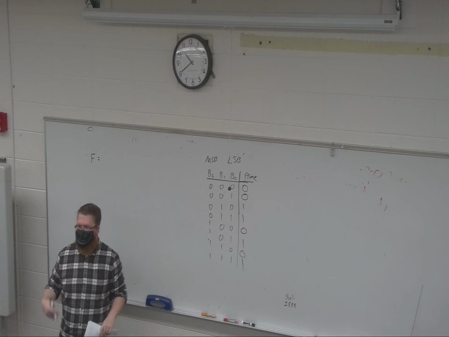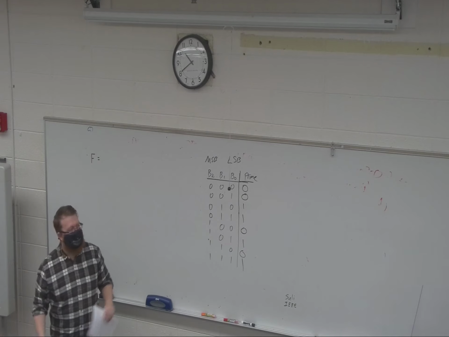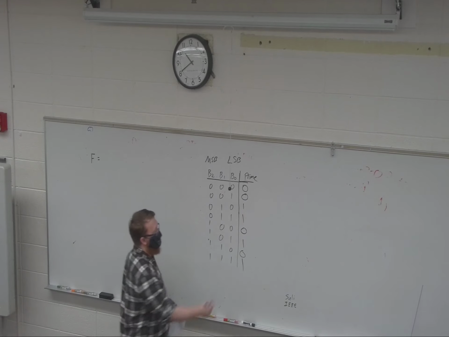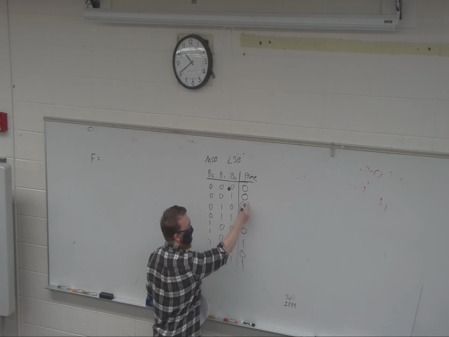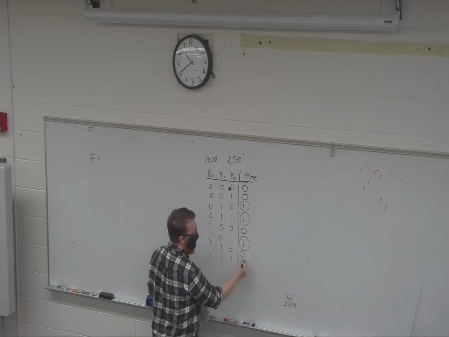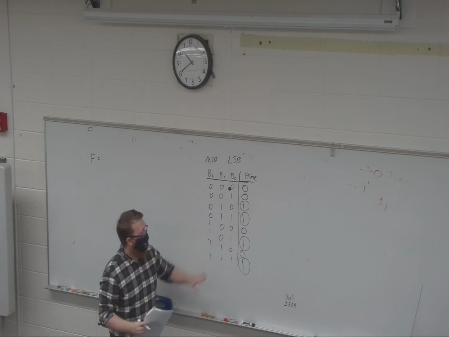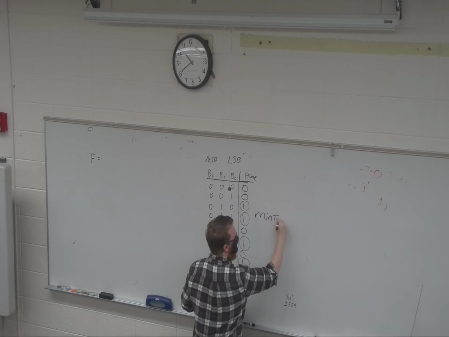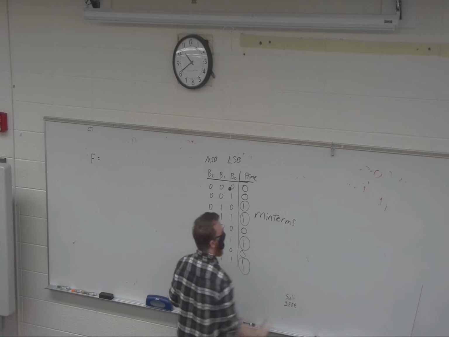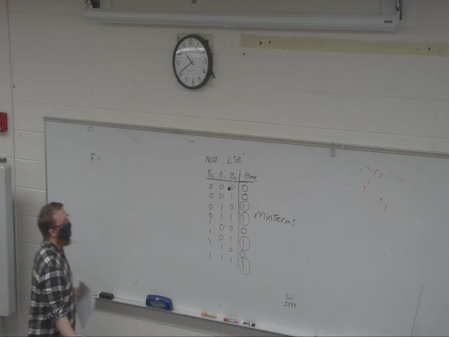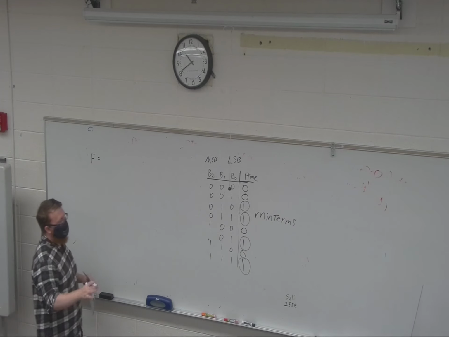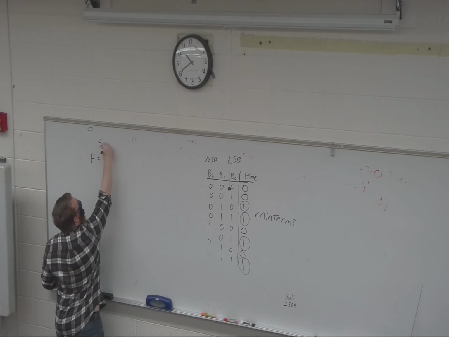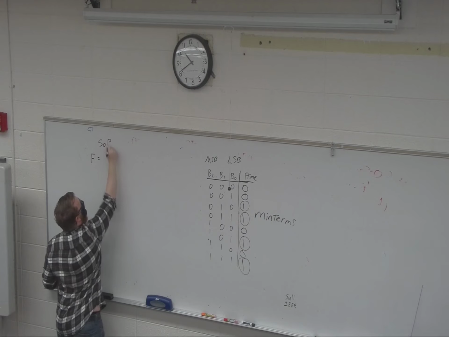What we then can do is write an equation that represents this truth table. We do that by finding these, which we call minterms. And what we say is for each minterm, we're going to have a sum of products.